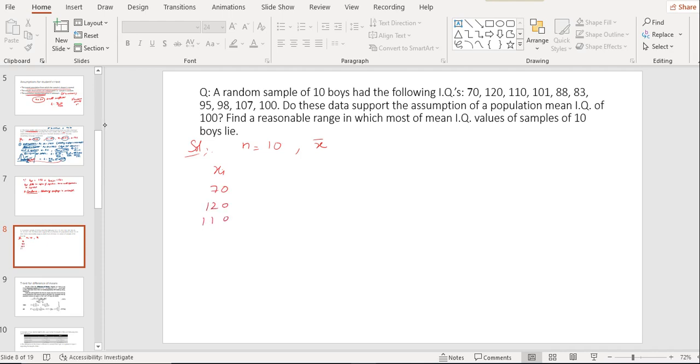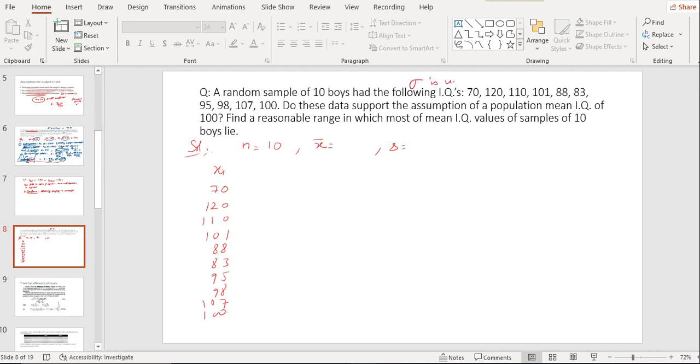The values are 120, 110, 101, 88, 83, 95, 98, 107 and 100. With this data we need to calculate the sample mean as well as the sample standard deviation, because the population standard deviation is unknown.